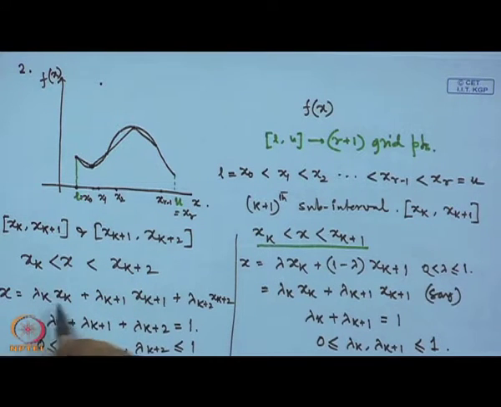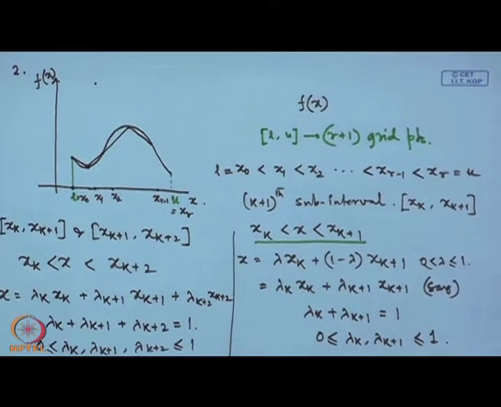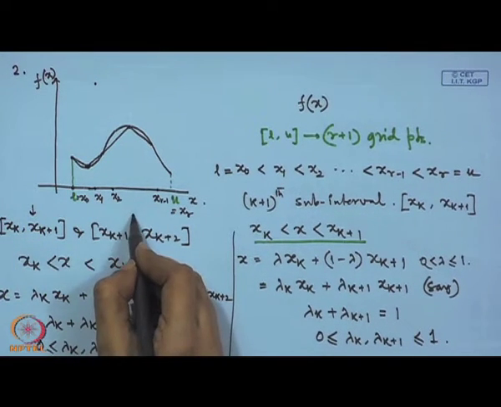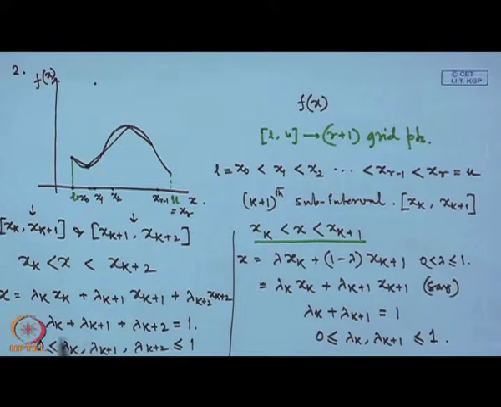Now, once we are expressing x which is in between xk to xk plus 2, then certainly either x is within the interval here or x is here. That is why lambda k, lambda k plus 1 and lambda k plus 2 all cannot be simultaneously positive.